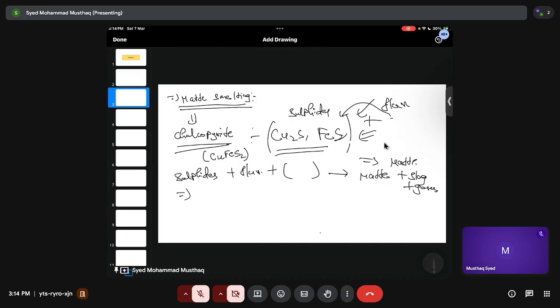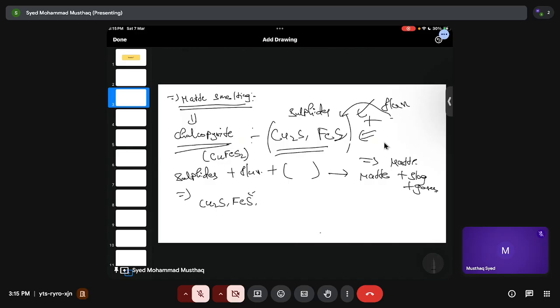Okay. So if we are talking about copper extraction, initially, please remember this, you have your chalcopyrite and sulfide ores. What we are trying to do is remove this sulfur. So that is our main goal.